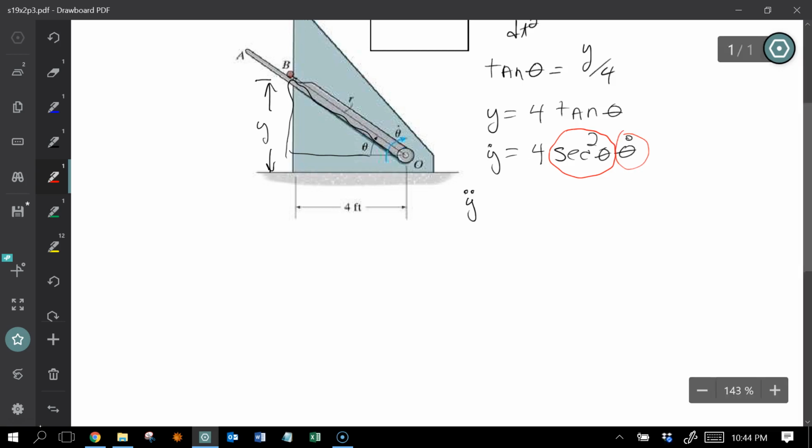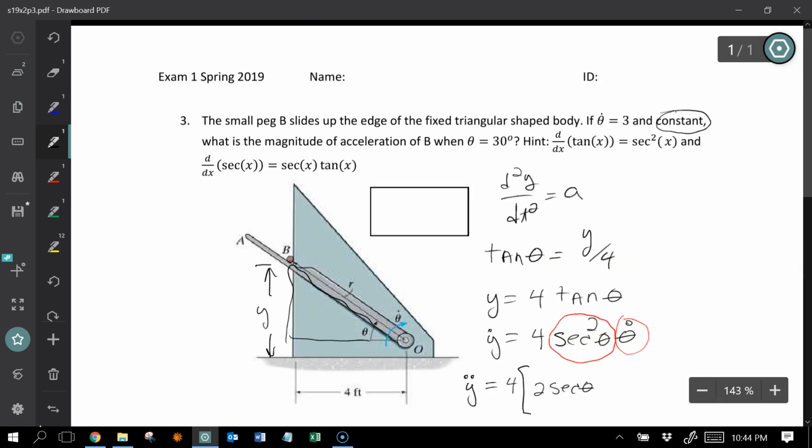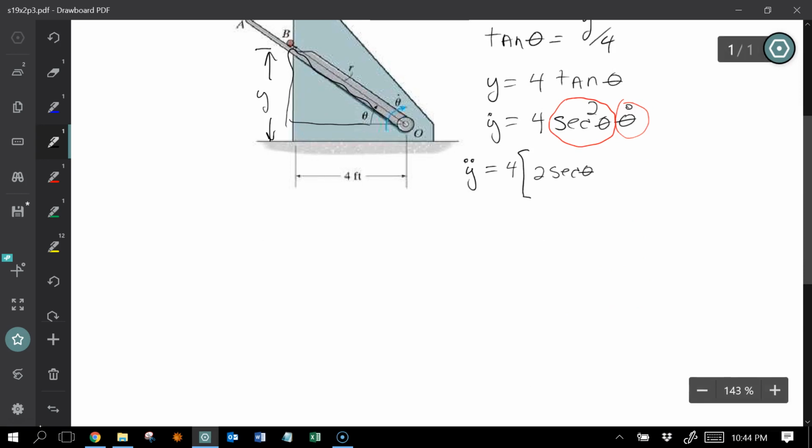So here what I have is y double dot is equal to 4. Derivative of the first term is 2 secant theta to the power of 2 minus 1 is 1 times the derivative of the secant, that is, according to the hint, secant tangent. So that would be a secant theta, tangent theta, times the chain rule, times the theta dot that I had from before, this one.